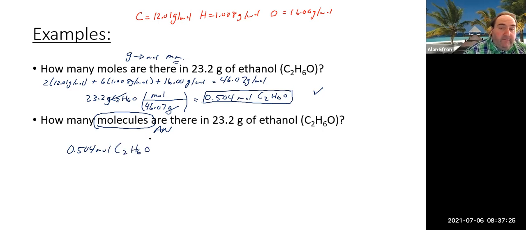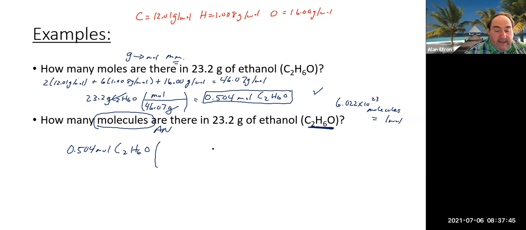To go from moles to molecules, that is Avogadro's number, 6.022 times 10 to the 23. Here we would use it as molecules in 1 mole, because that is a molecule.